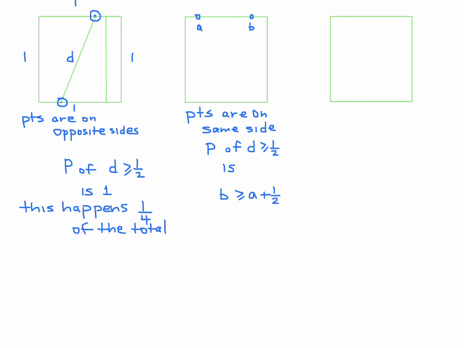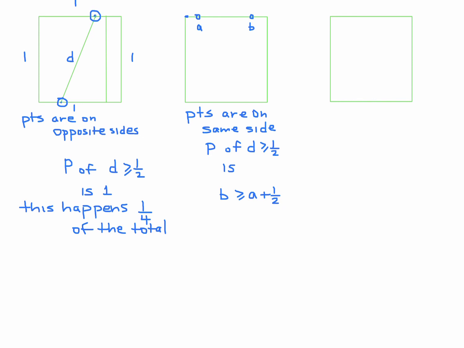If A was 0, then B has to be at least a half. If A was 0.2, then B has to be at least 0.7. See what I mean?